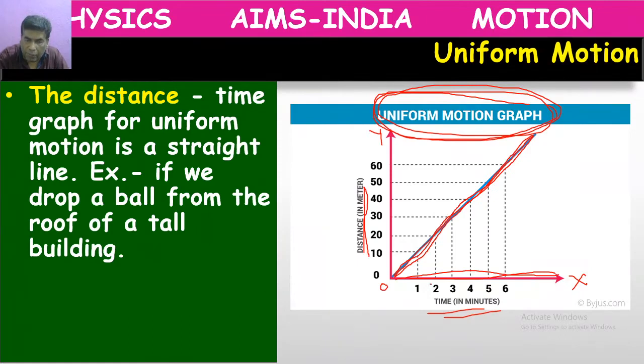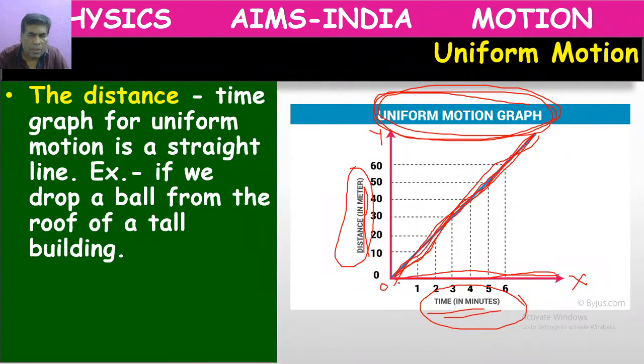So on the graph, we have taken the x-axis, the y-axis, the origin, time on the x-axis, and distance on the y-axis. I am telling that this line will tell us about uniform motion. How does the line represent uniform motion?